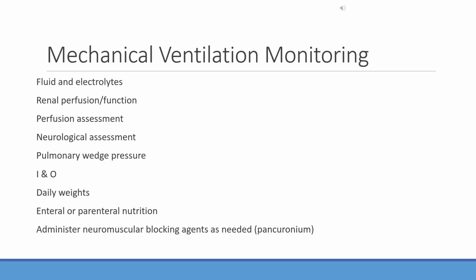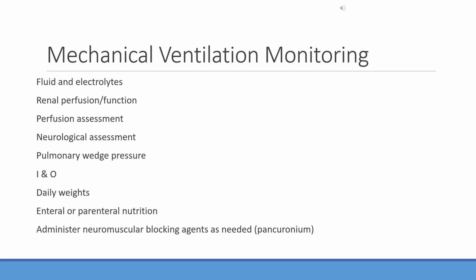We may need to continually administer those neuromuscular blocking agents, especially pancuronium or Pavulon, because it induces paralysis and suppresses the client's respiratory effort to the point of apnea, allowing the mechanical ventilator to take over the work of breathing for the client and to relax those skeletal muscles, which improves chest wall compliance.